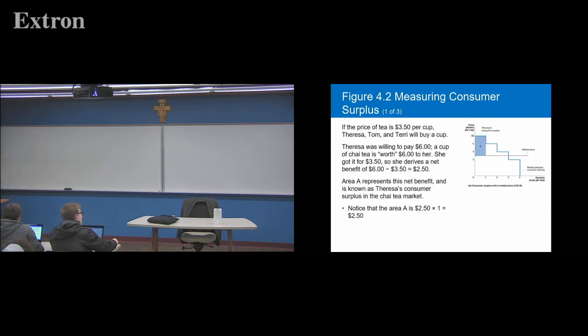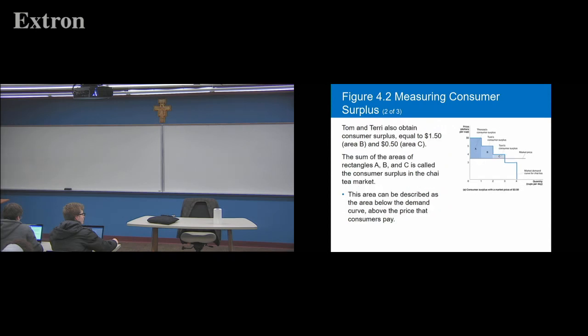So he's getting $1.50 of consumer surplus. He was more than willing to trade $5 for it, and he only had to give up $3.50 for it. And then Terry was willing to pay $4 for it. She only got charged $3.50, so she gets 50 cents consumer surplus.